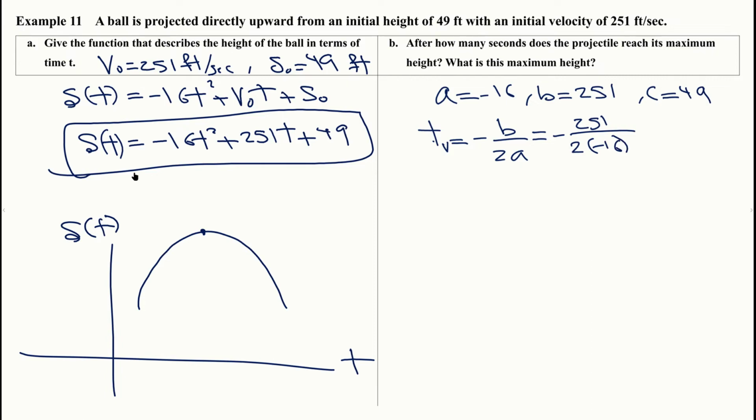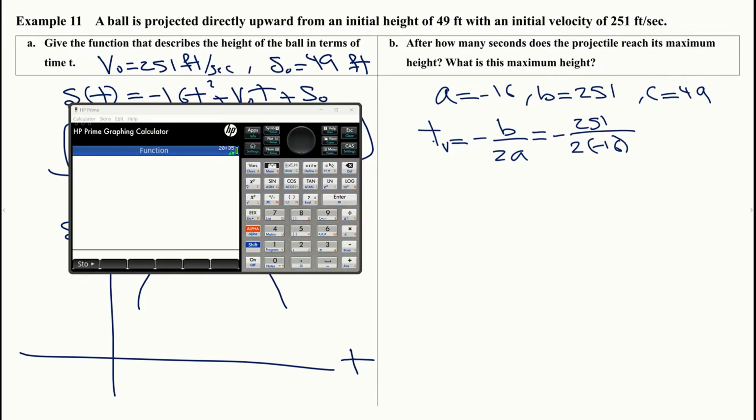So let's go ahead and compute that. All right, so we know the two negatives are going to make a positive, so we just need to worry about 251 divided by 2 times 16, we know it's 32. So we get 7.84, right?